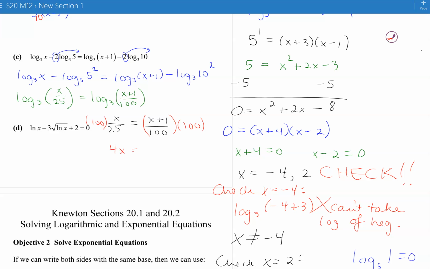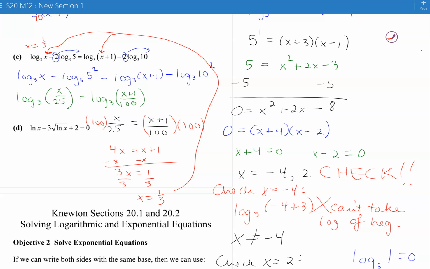So I'm going to have 4x equals x plus 1, subtract x and get 3x equals 1. x equals 1/3, and then just at least come back up here and check and say 1/3 is fine here, 1/3 is okay here, so that is our actual solution.